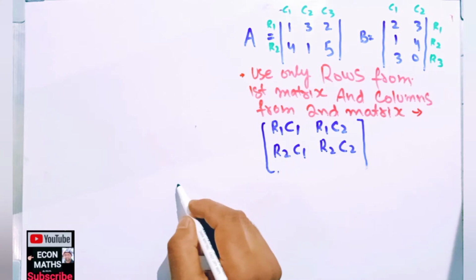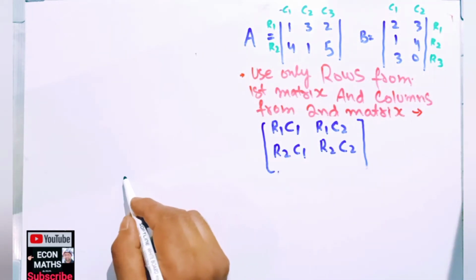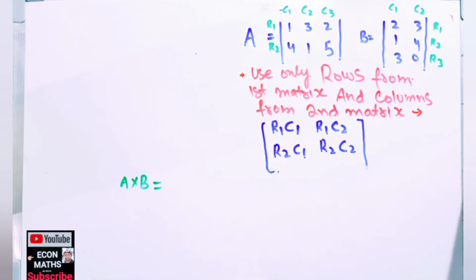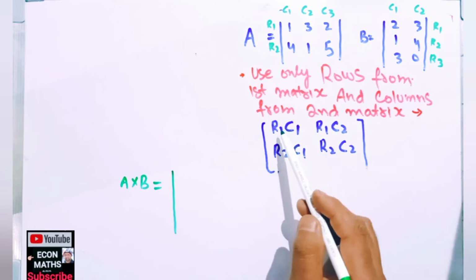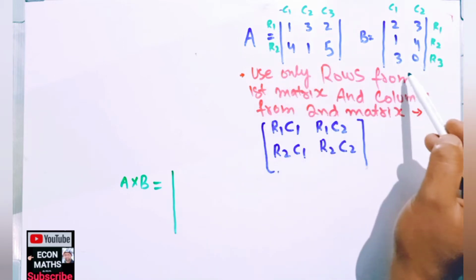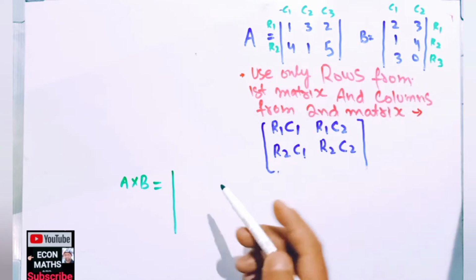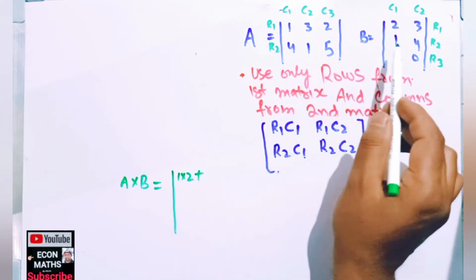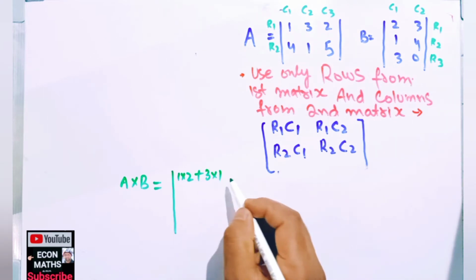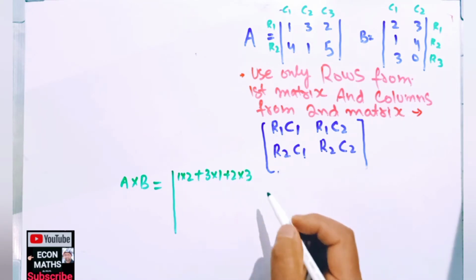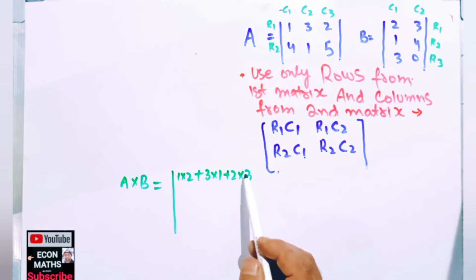This will become A times B is equal to, now I have to multiply row 1 of the first matrix with this column, so this will become 1 into 2, plus 3 into 1, plus 2 into 3. Now this is the first element.